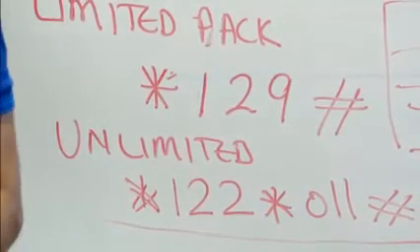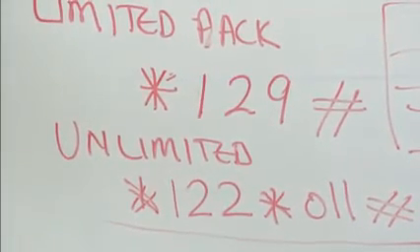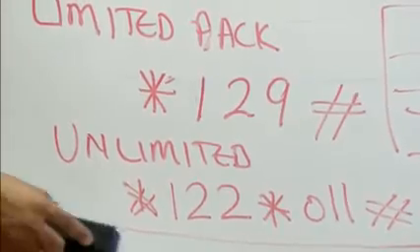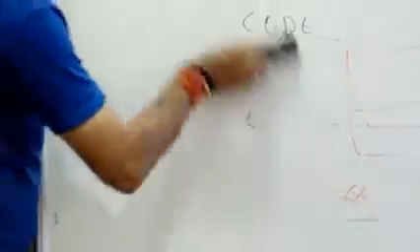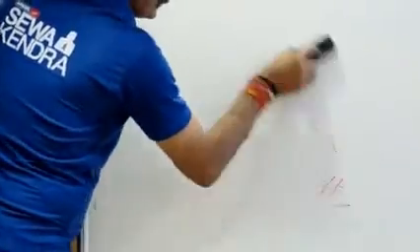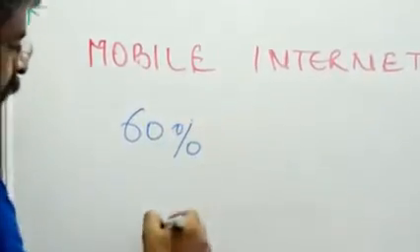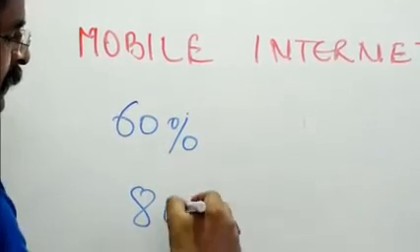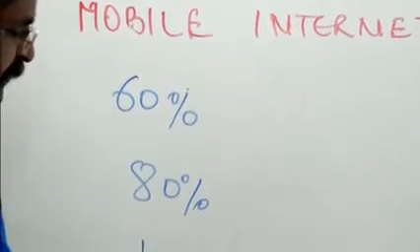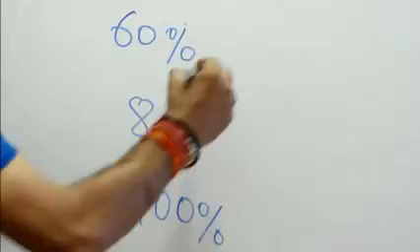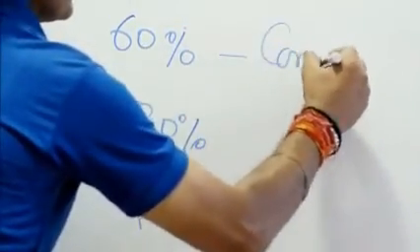Apart from this, while you are using either the limited or unlimited packs, the operator also sends SMS. In our case, Aircel also sends an SMS to the customer at 60%, then 80%, and then 100% consumption of the data. This all goes on consumption.